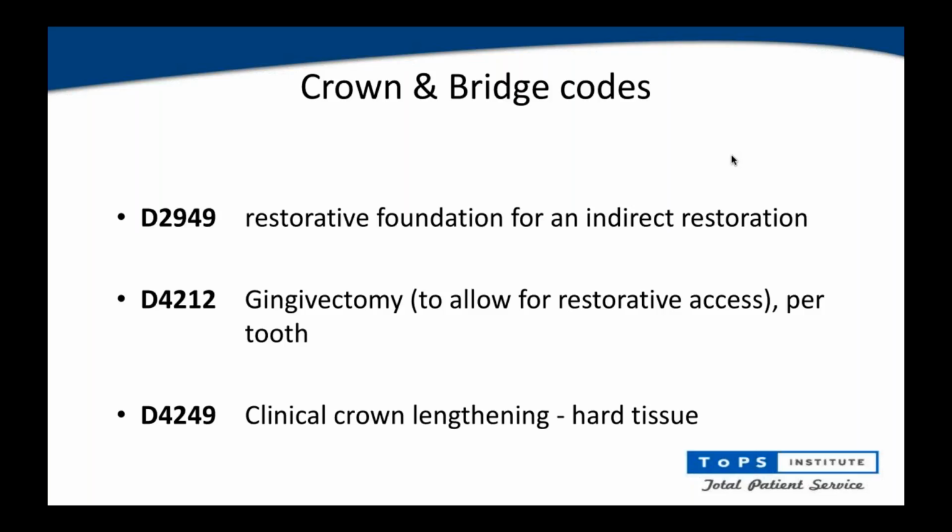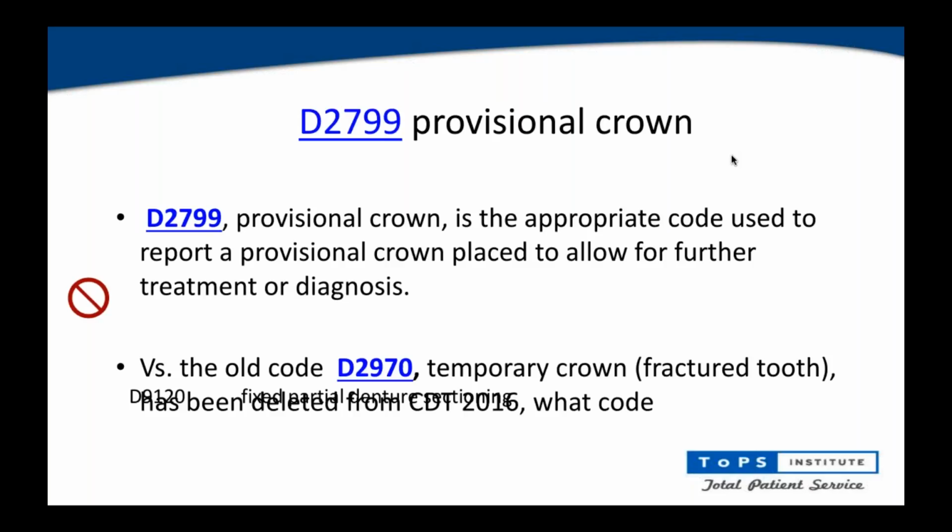The other code is crown lengthening, where we're removing some of the bone to expose tooth so that the crown can have enough structure to sit on. That's the 4249. So those are three additional codes for crown and bridge for when the situation calls for it that are very helpful in billing and recording what you're doing in the offices. And we can proceed to the next code.